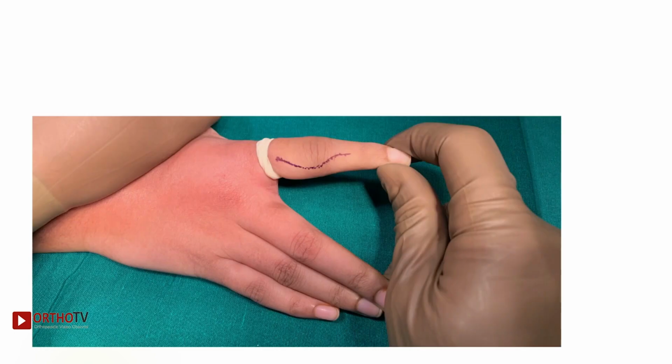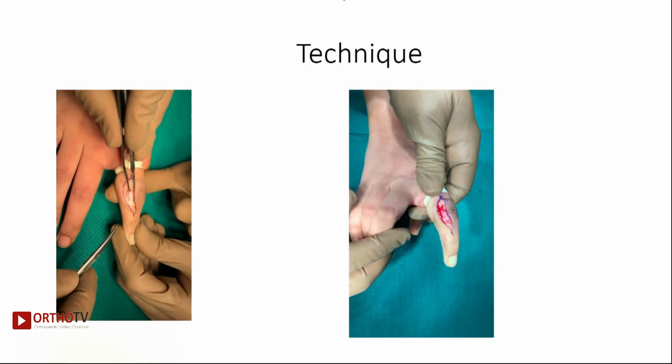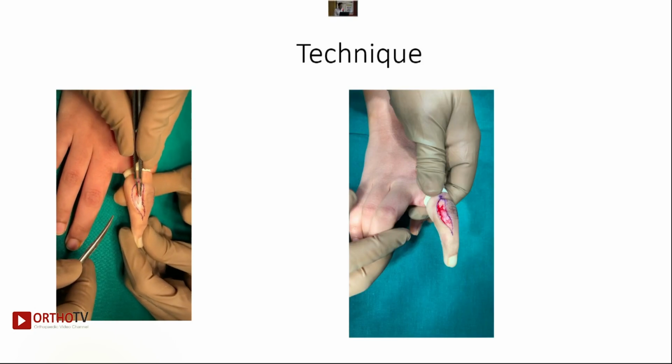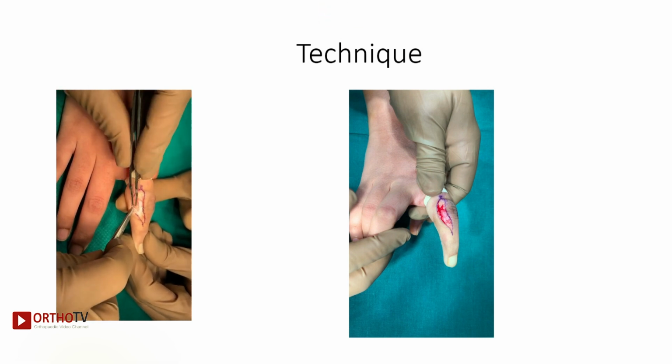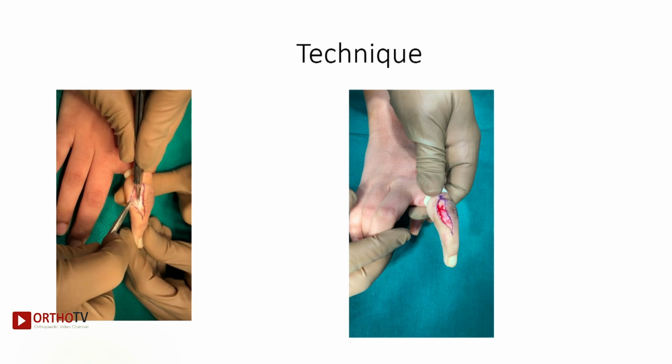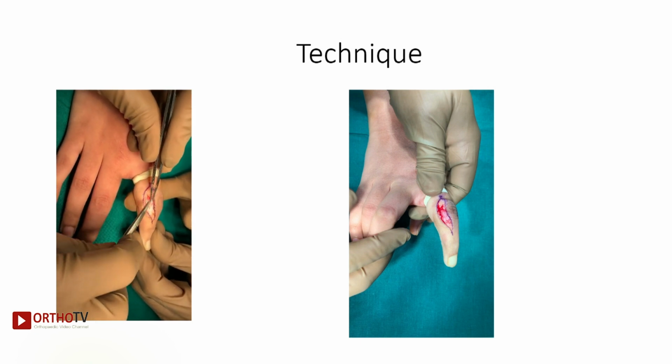This is how we do a synovectomy of the PIP joint. You take a dorsal incision, and you go between the central slip and the lateral band, and there you can see the synovium here.